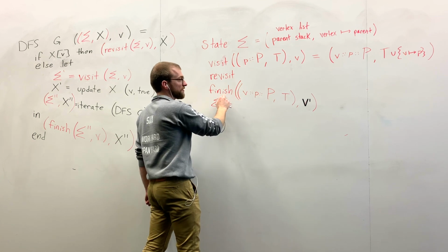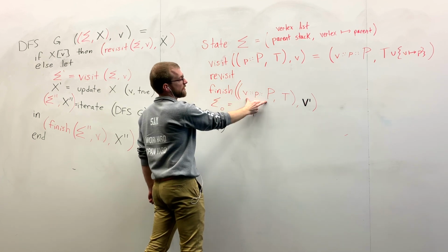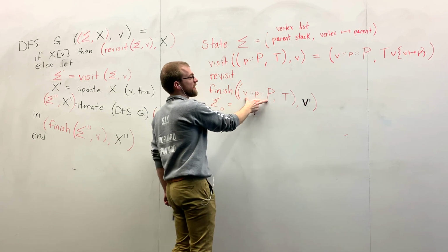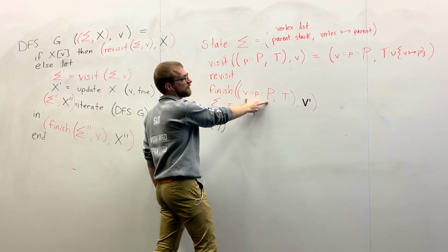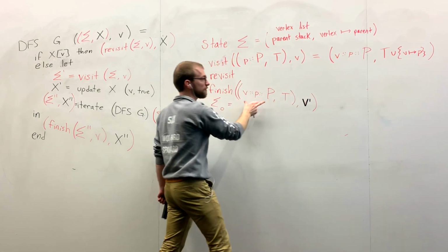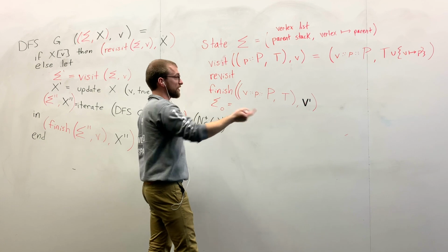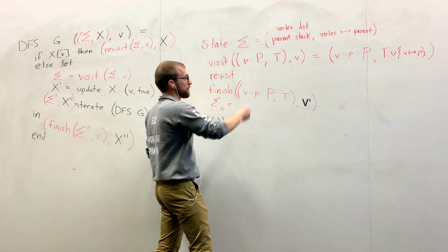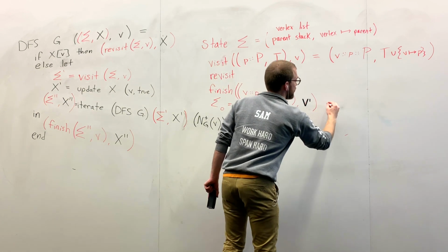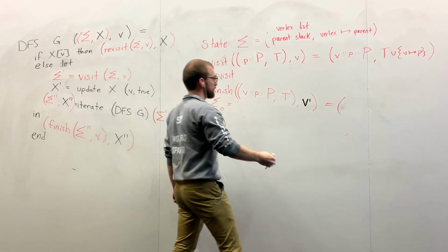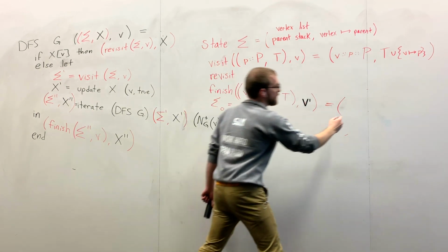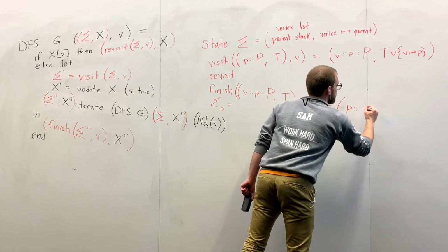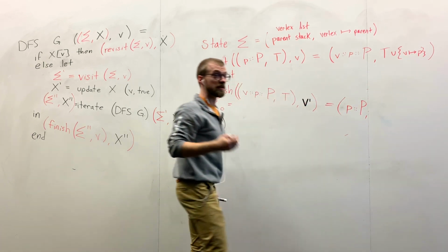When we get to finishing a vertex, we should assume that we get back the same state that we originally gave to the children. And this is what we need to guarantee when we implement finish, that we return to the previous state that we saw before. And the way we can do that is by popping one thing off of the stack. So we're going to pop v off the stack and return to what the state looked like when we first entered the function.